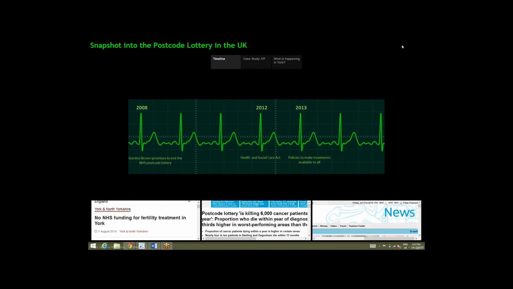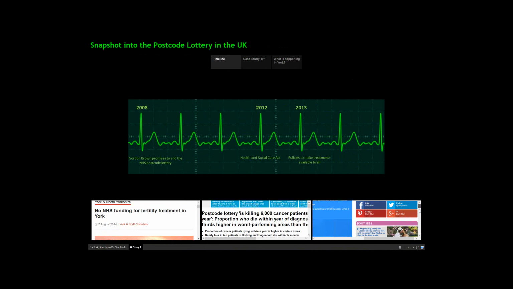There are a few newspaper articles on the Postcode Lottery that have appeared recently. For example, from the BBC News, where there is no NHS funding for fertility treatments in York specifically, or the Postcode Lottery killing 6,000 cancer patients per year, or even some on dementia. Just another article on dementia.